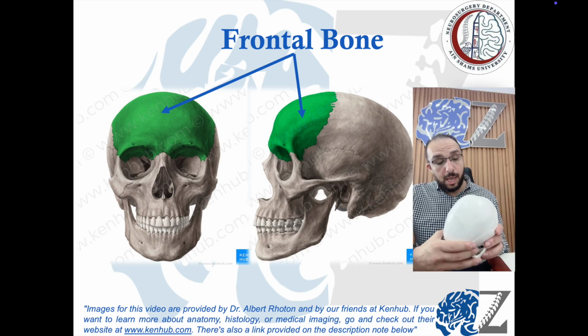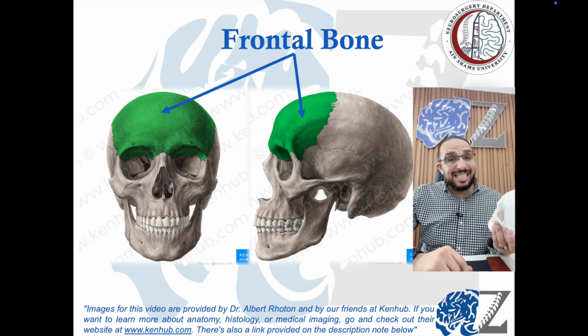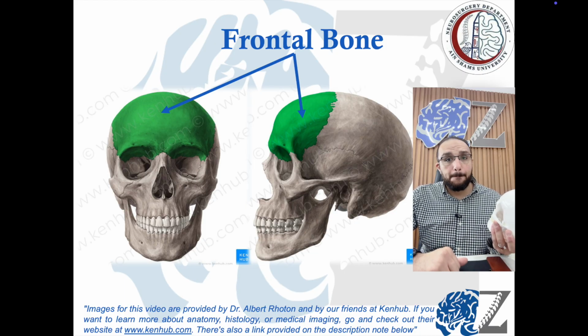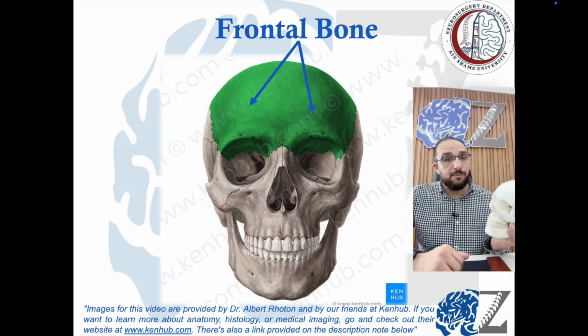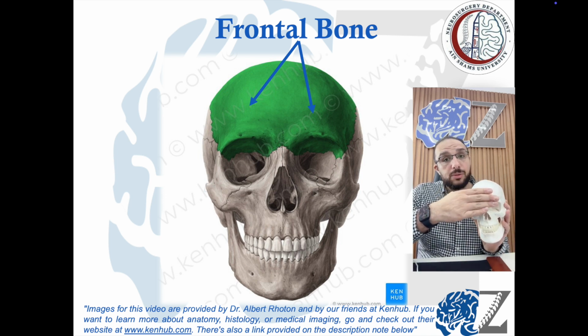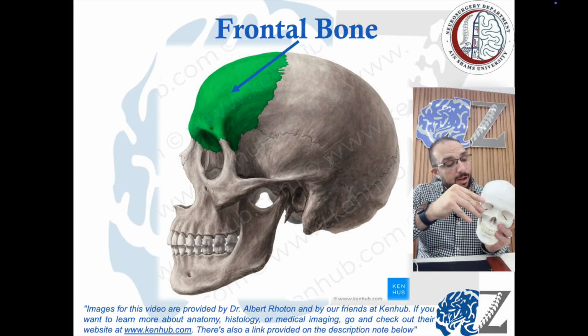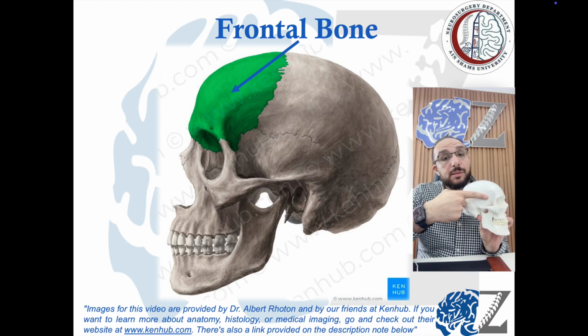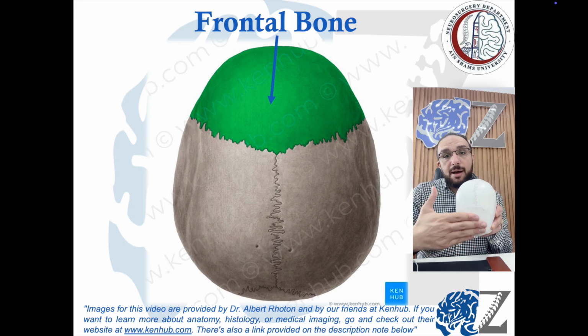If you want to study the frontal bone, where exactly do you have to look at the skull? Where do you see the frontal bone from? Well, I can see it if I look at the skull from front. Yes. And I can see a part of it if I look at the skull from the sides. That's right. And I can see the frontal bone if I look at the skull from above, from the calvaria.